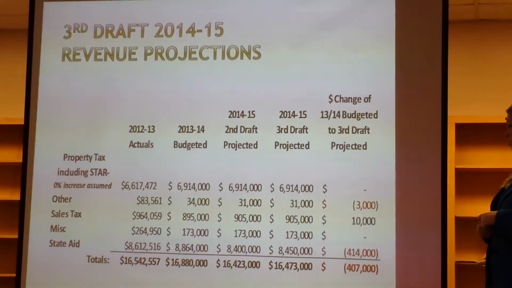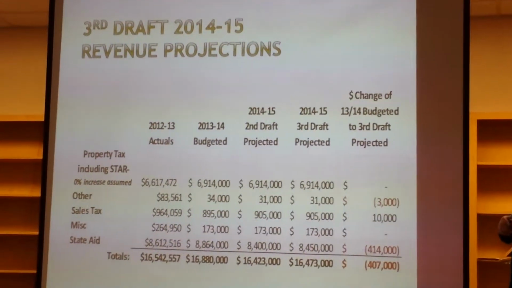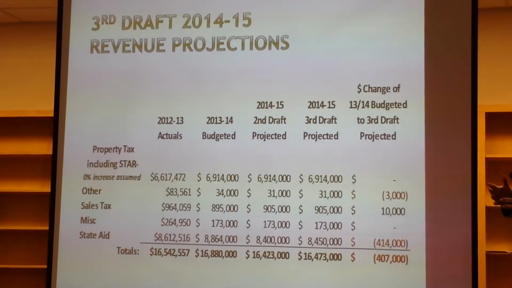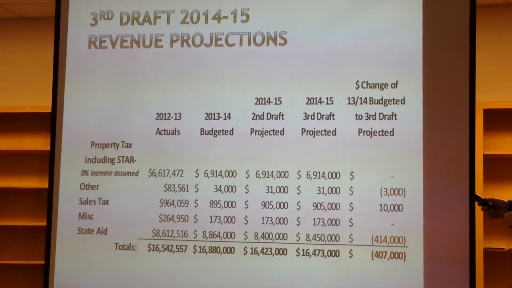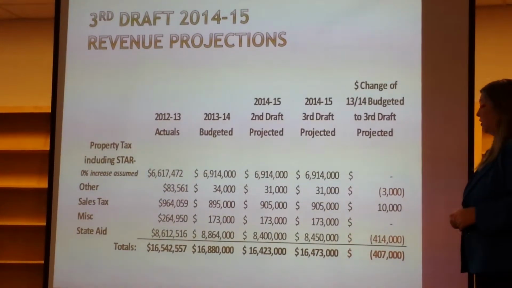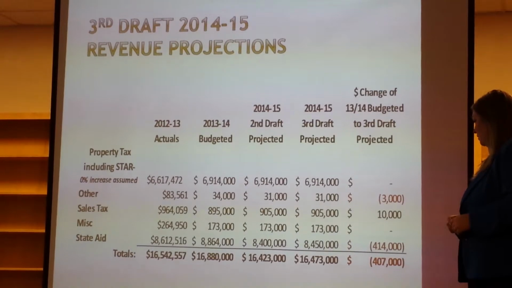So in speaking with John O'Connor today, I asked him if he felt the $50,000 was a safe number to put in there because we don't want to overestimate our revenue and then end up short. He thought that that was a conservative number and that we would be safe with that. So we were able to increase that aid a little bit.